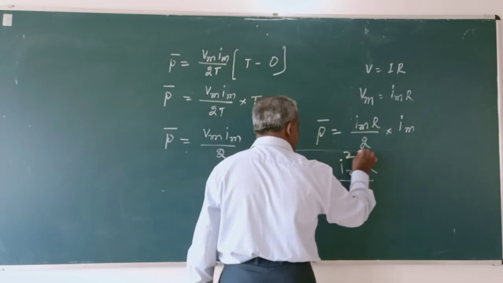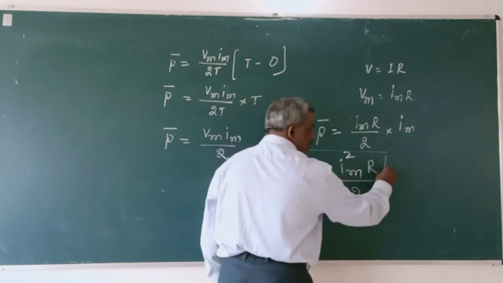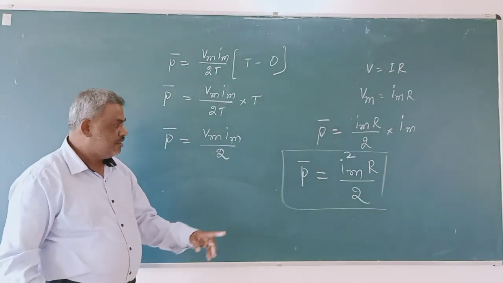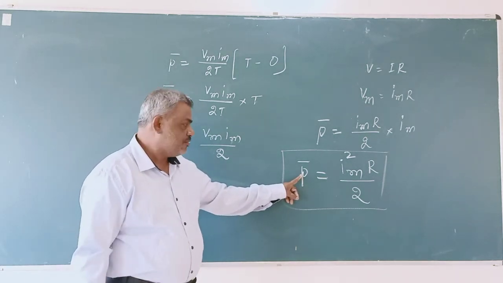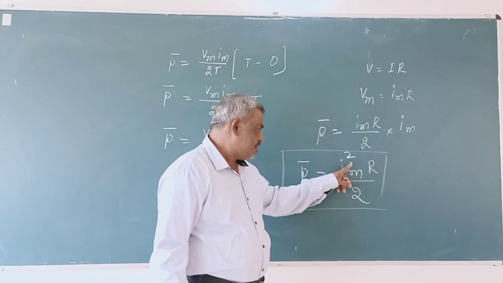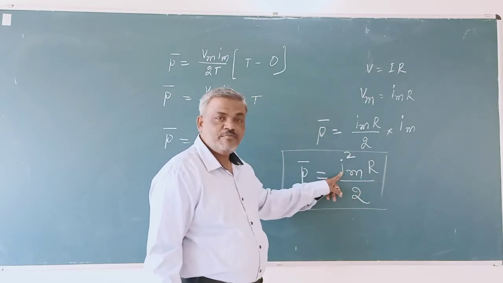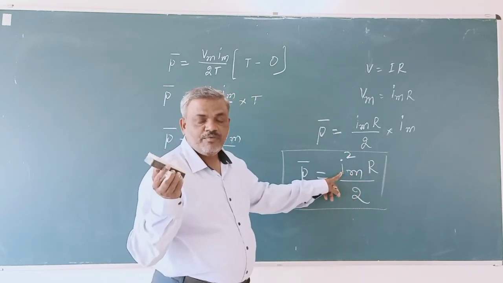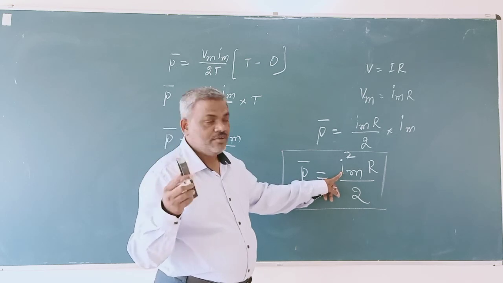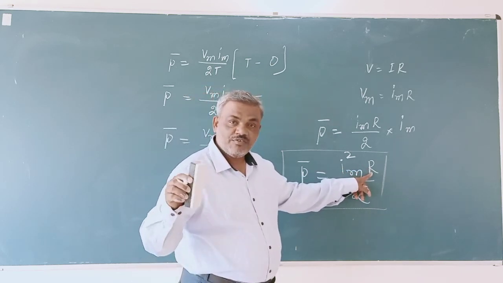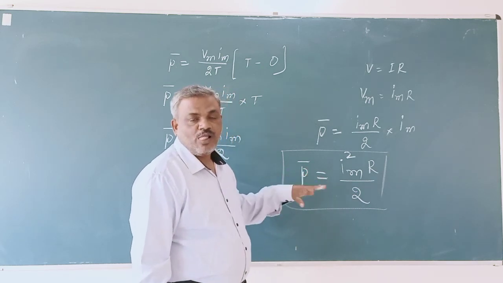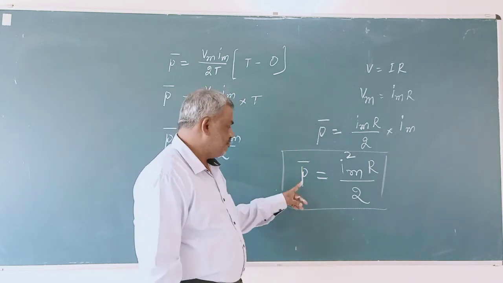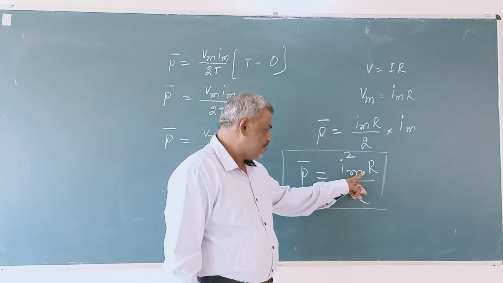This is the final expression for the power in a resistive circuit: P equals Im square R by 2. Im is the maximum peak or amplitude. R is the resistor in the AC circuit. So this is the average power in a resistive circuit, P equals Im square R by 2.